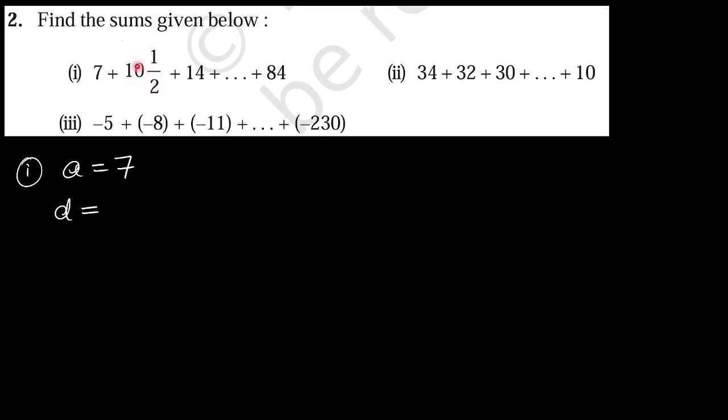If you have any confusion, you may write it as 10.5. Common difference is 10.5 minus 7. It is 3.5.